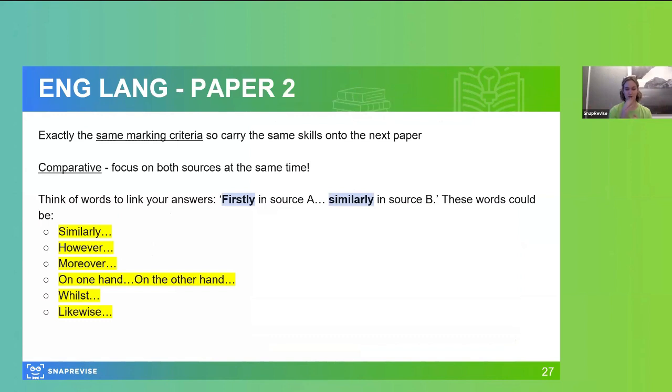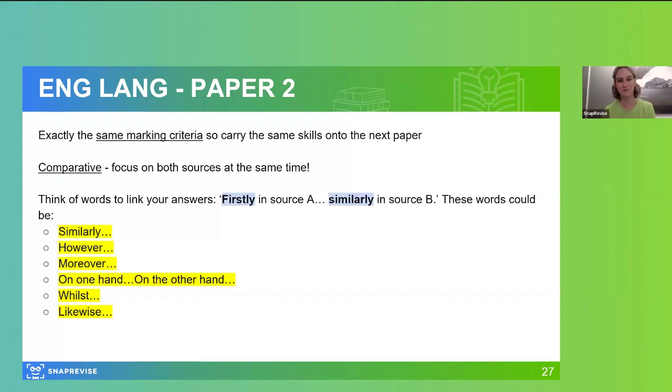So the biggest piece of advice that I can probably give you is focus on both sources at the same time. It can feel really natural to think, okay, well, I'm just going to look at source A because I understand source A and I'm going to get into this.